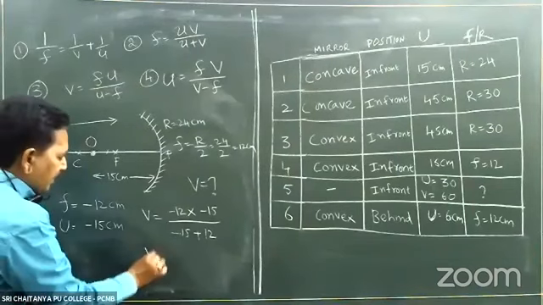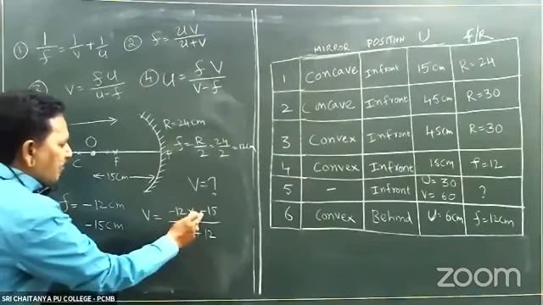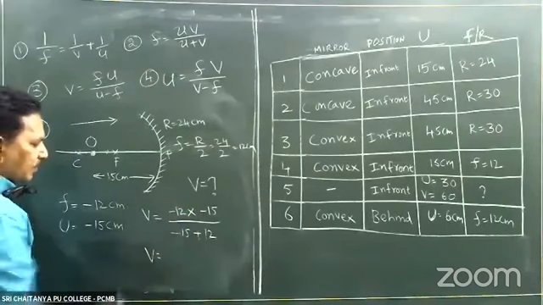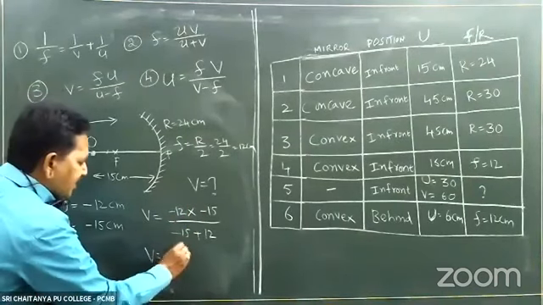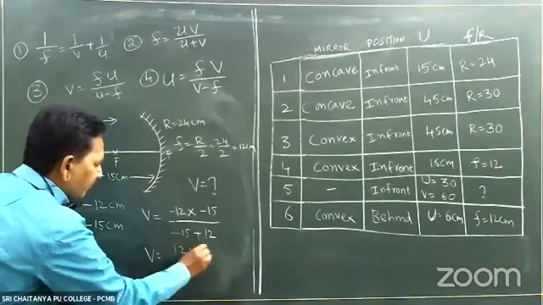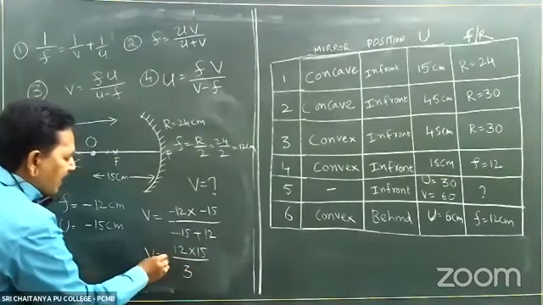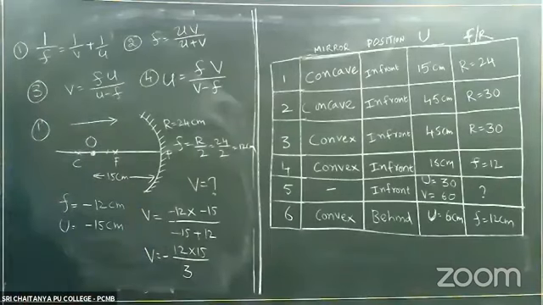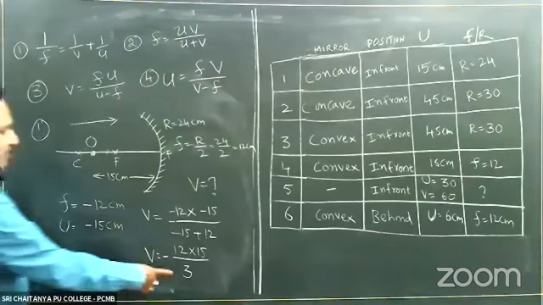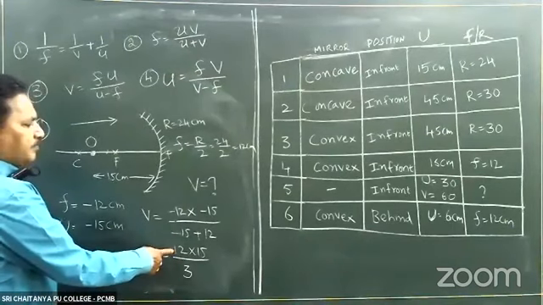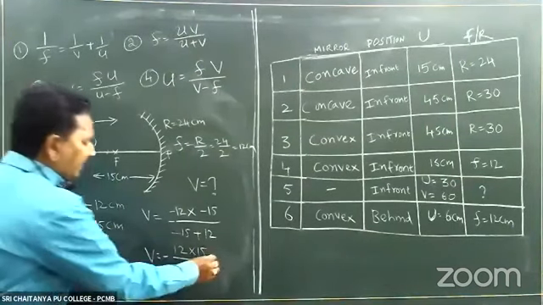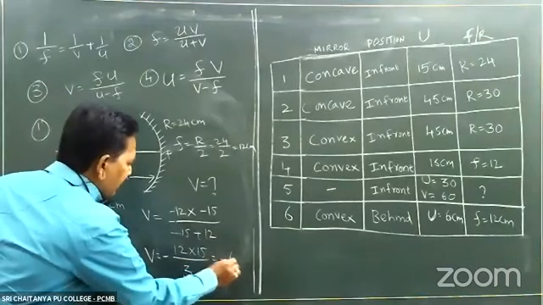Numerator: V is equal to minus into minus, already plus, 12 into 15 as it is. 15 minus 12 is 3, with the minus sign. 3 ones are 3, 3 fours are 12, 4 into 15 is equal to 60.